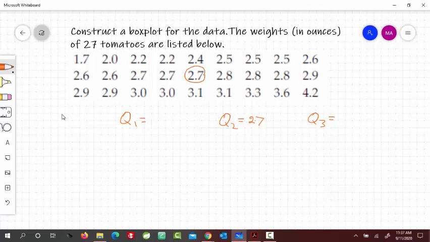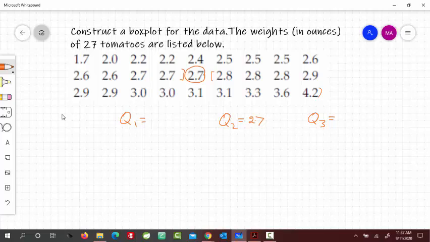And then this data is divided into two halves. The first half is before this one, and the second half is after it. In the first half there are 13 values, so the middle of the first half would be Q1. Because there are 13 values, the middle value would be the 7th value.